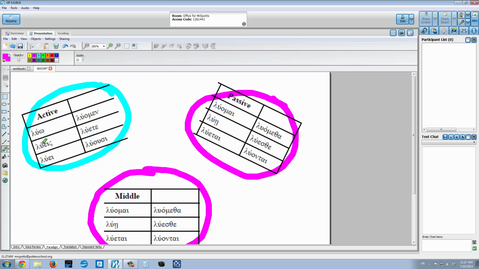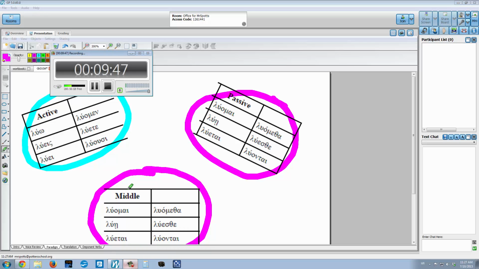So our primary active endings, o, eis, ei, omen, ete, ousi, and our primary middle or passive endings, omai, ei, etai, ometha, esthe, ontai. Once you've mastered those endings, you've mastered half of the verb endings you're ever going to need. Happy Greek. We'll see you next time.